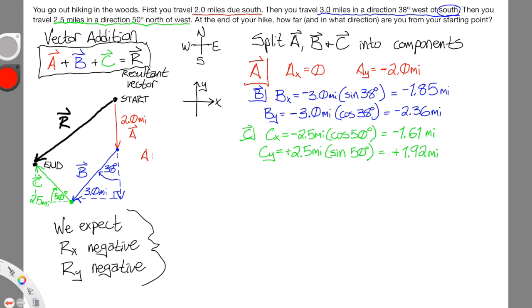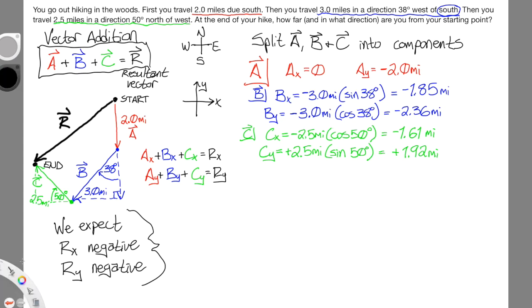So you can't just add 2, 3, and 2.5, but Ax plus Bx plus Cx does equal Rx. And the same thing for the y direction. The y component of vector A plus the y component of vector B plus the y component of vector C will give you the y component of the resultant vector.